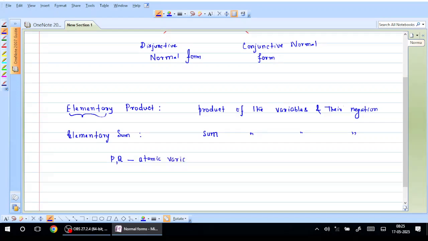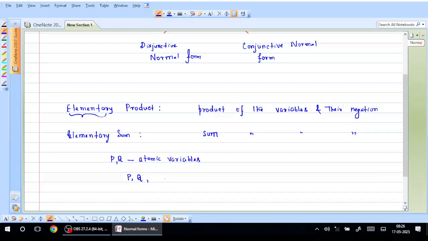Then when I say elementary product, what does it involve? It involves first the atomic variables themselves, P and Q, and product means the meet of the variables or their negation.